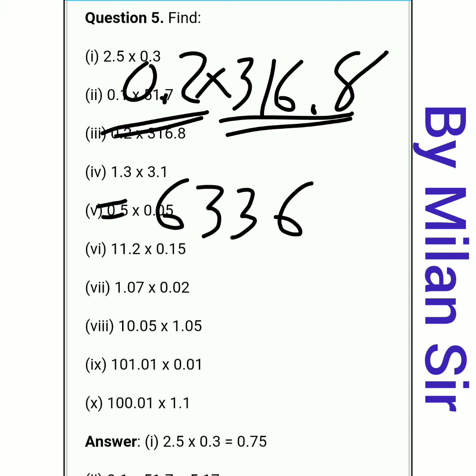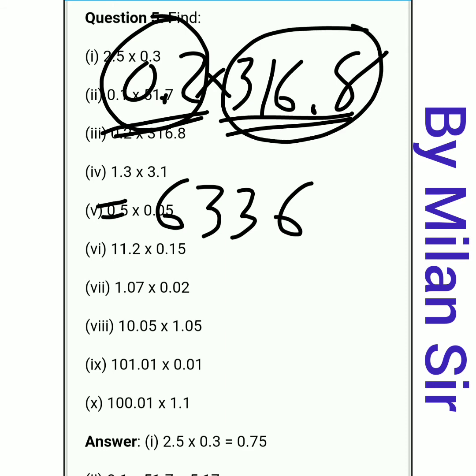Now we need to count the number of digits after the decimal point in the equation. So in first number we have one digit after the decimal point, and in second number we also have one digit after the decimal point. So altogether we have two digits after the decimal point.